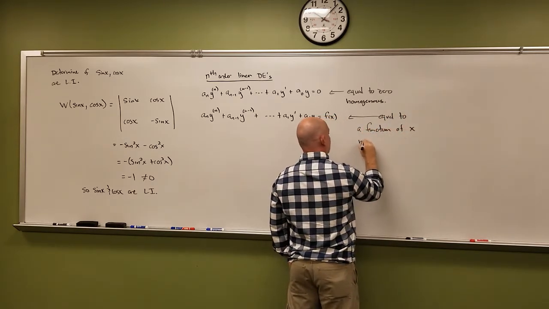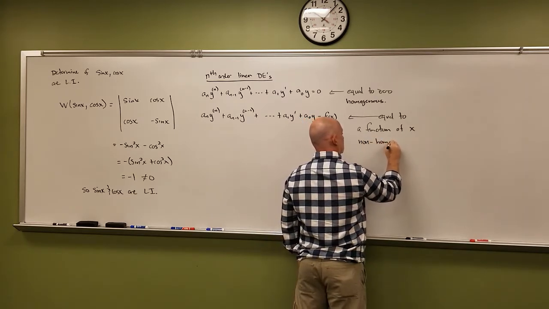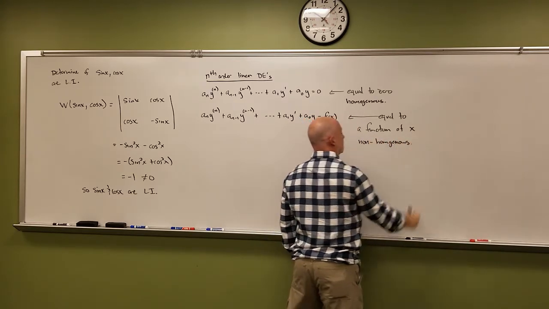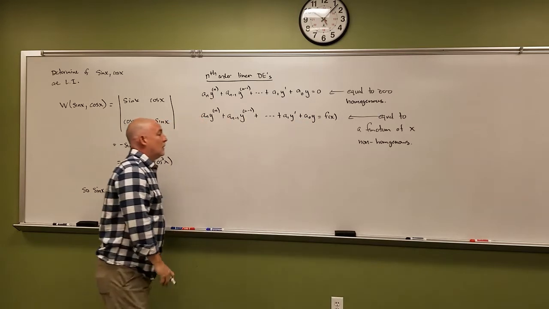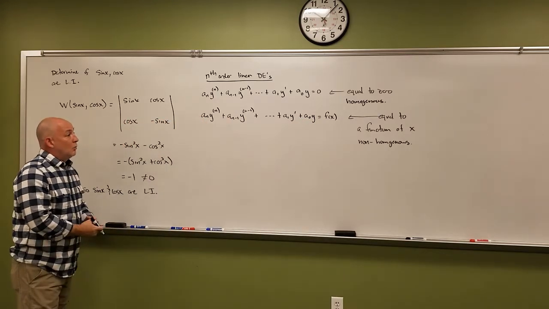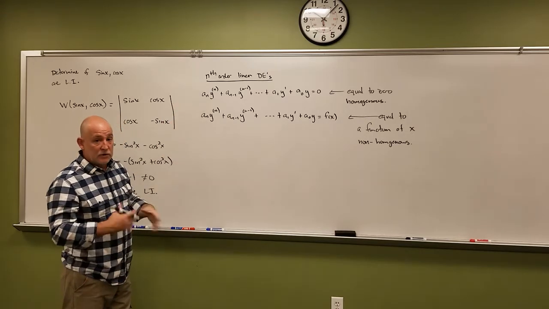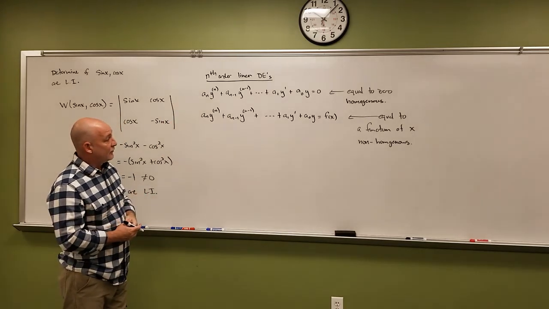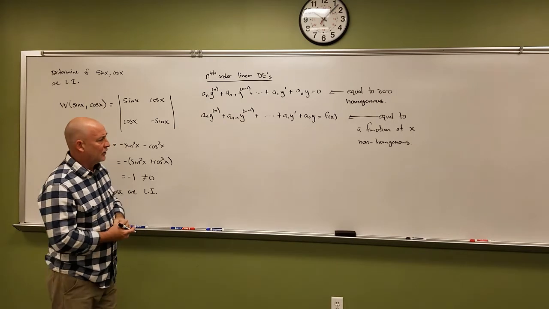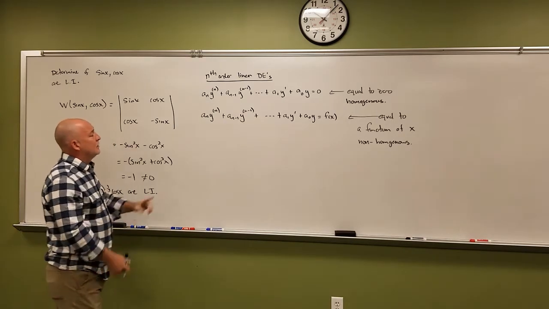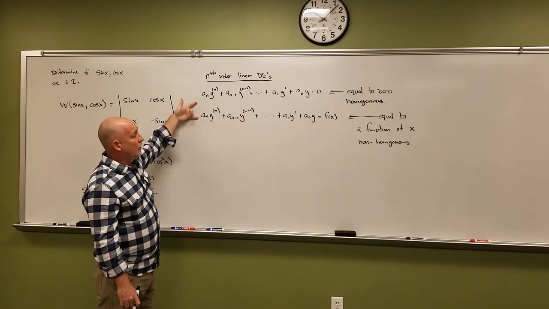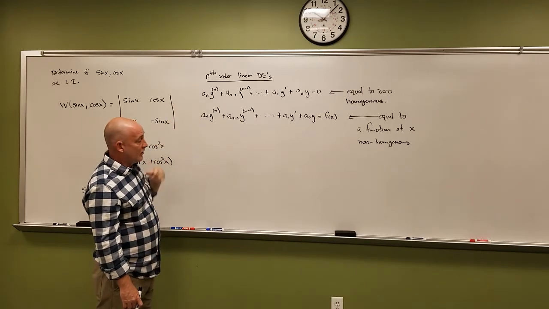This is called non-homogeneous. All right, so depending on whether our differential equation is homogeneous or non-homogeneous, we're going to have to approach them slightly differently, kind of, a little bit. All right, so these are nth order linear differential equations. One is homogeneous, one is non-homogeneous.